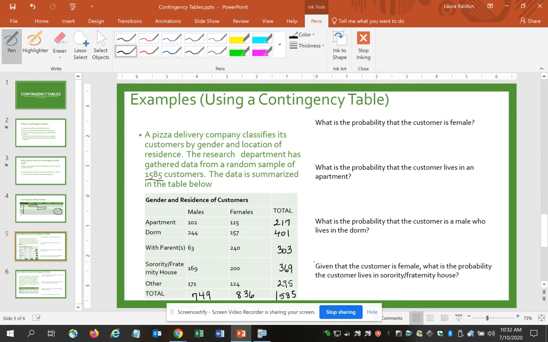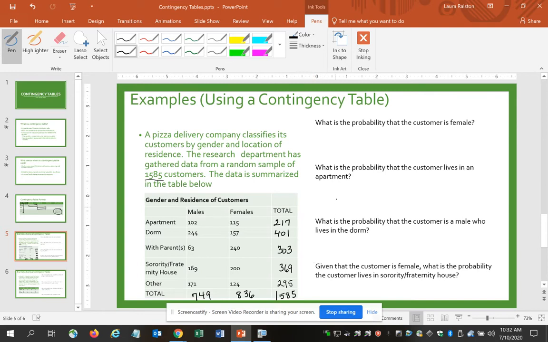Okay, so once again, the first thing you want to do is read the question, look at how the contingency table is set up. If you need to, you want to total the rows, total the columns, and those should equal your sample size.